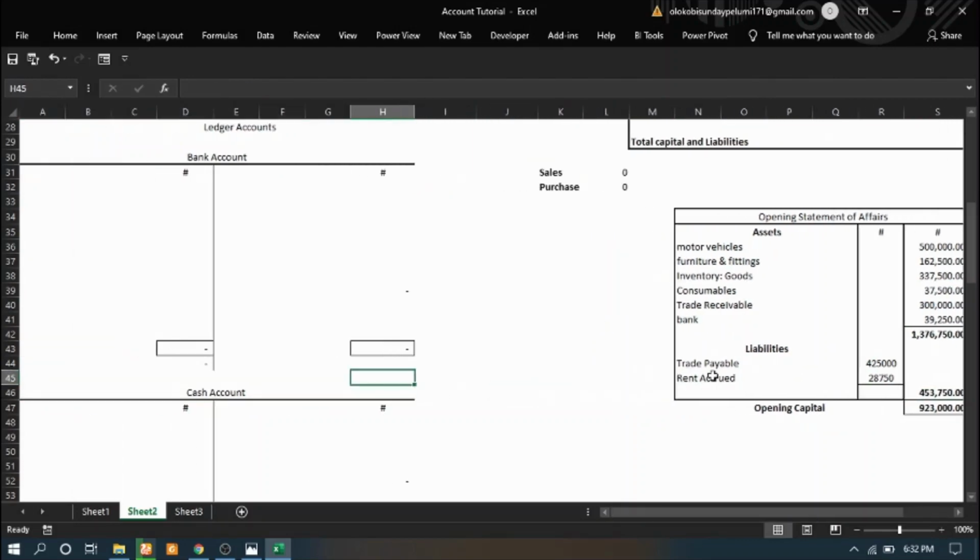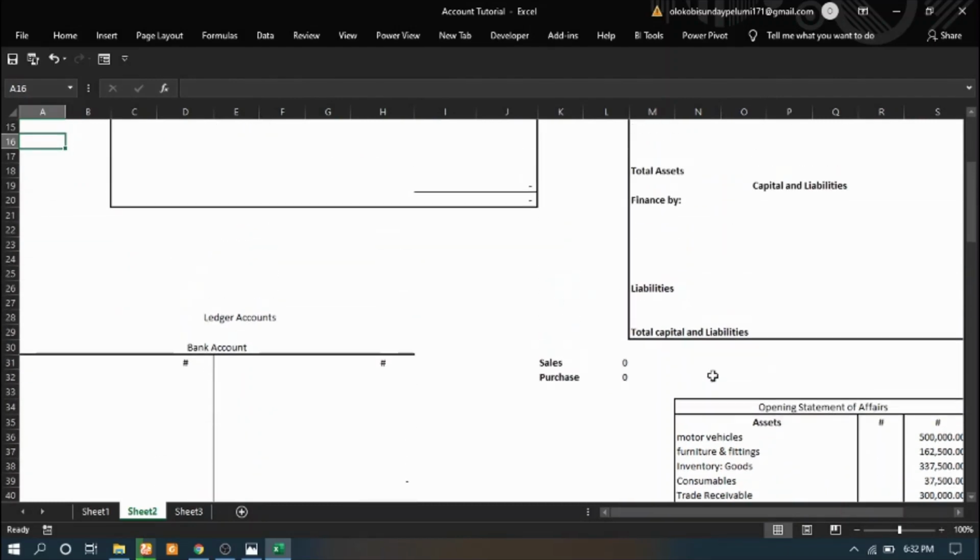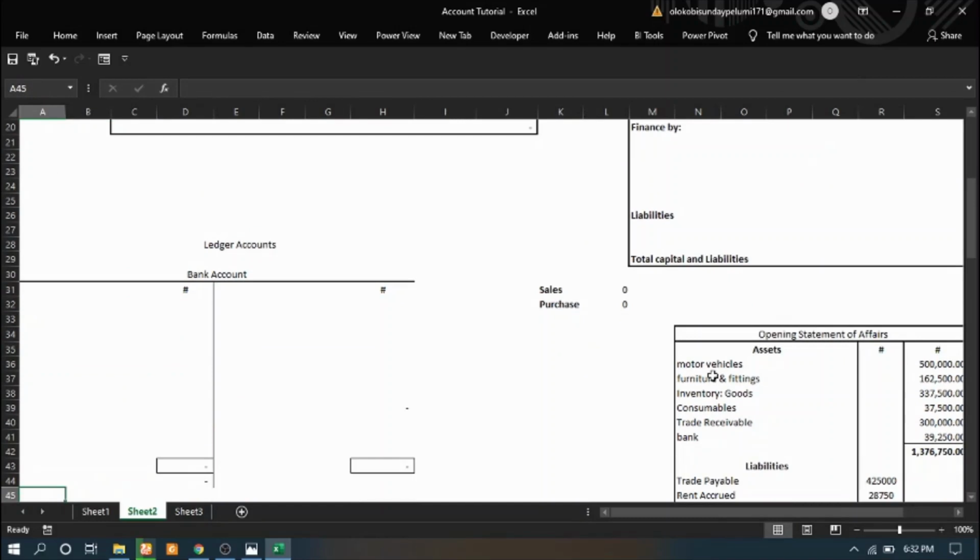Alright, so now before we prepare our income statement, we need to make some adjustment to some accounts. Like for instance, we're given the bank accounts here. So it's better we prepare our bank account and then know the balance at the end of the period. We also prepare the cash account and know the cash balance at the end of the period.